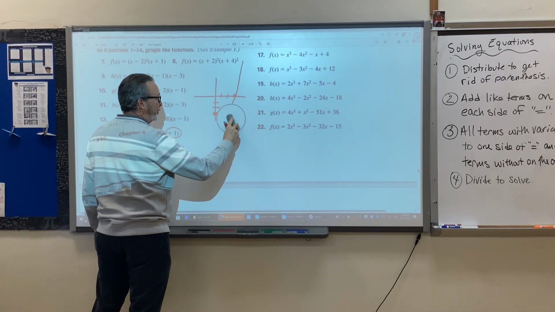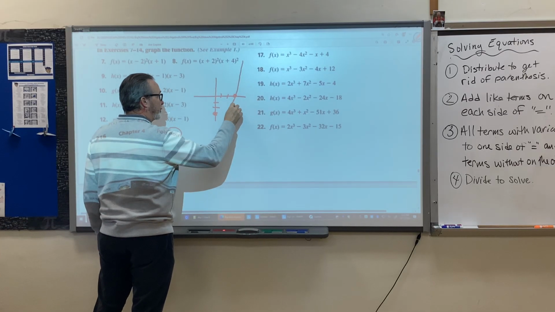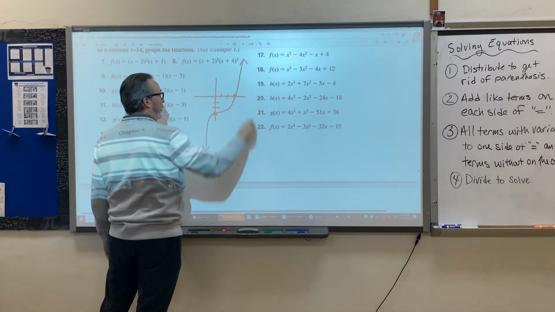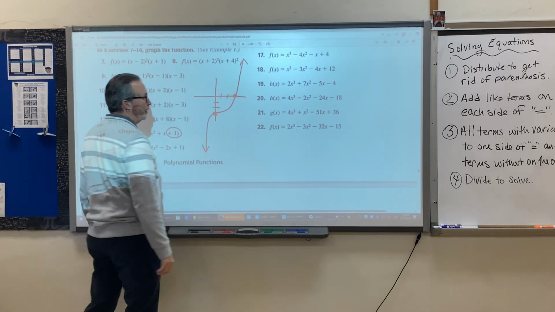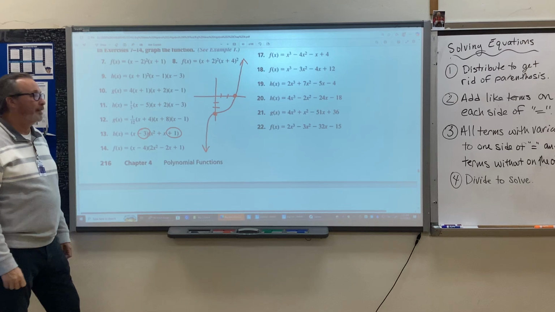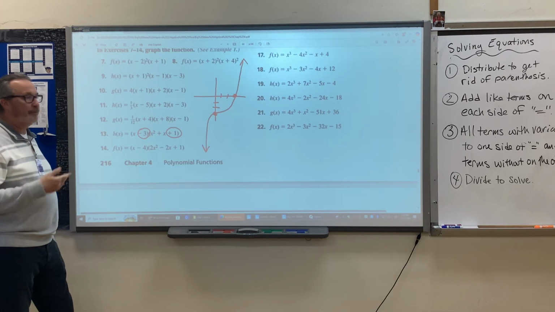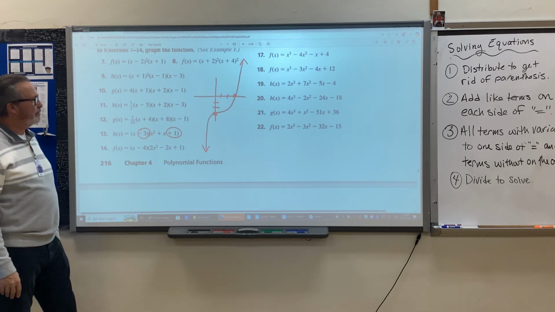I don't know what it does. Definitely it flattens out a little bit for a while. And it never stops going down though. There might be a maximum, I don't know.